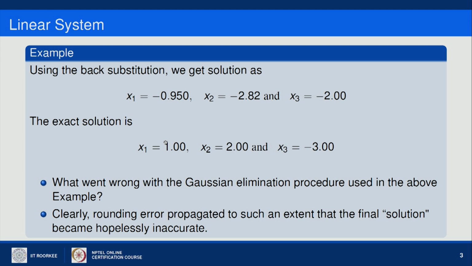So, something went wrong when we applied the Gaussian elimination method. The procedure was correct, however, the reason for this error is that rounding off error propagated to such an extent that the final solution becomes hopelessly inaccurate.